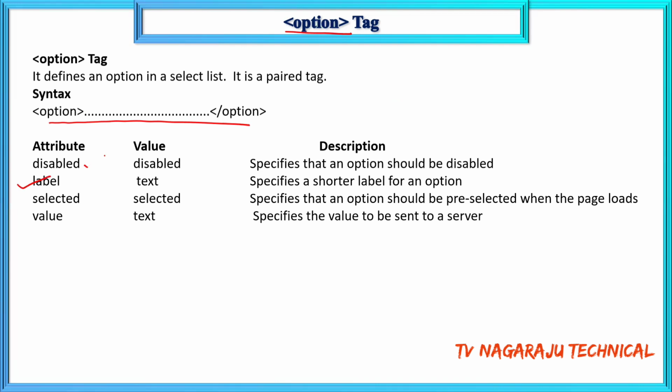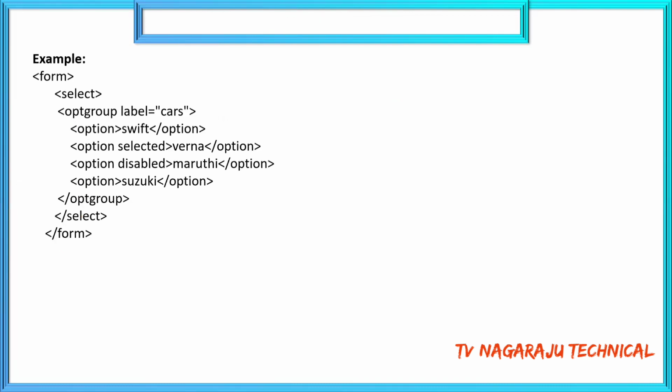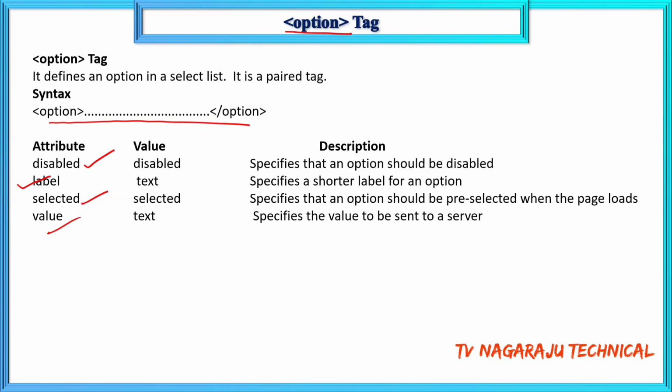You can give disabled, which means that particular option is disabled, and selected, which means whenever the page loads, that option is displayed by default, and value, which is the value sent to the server. Clear?